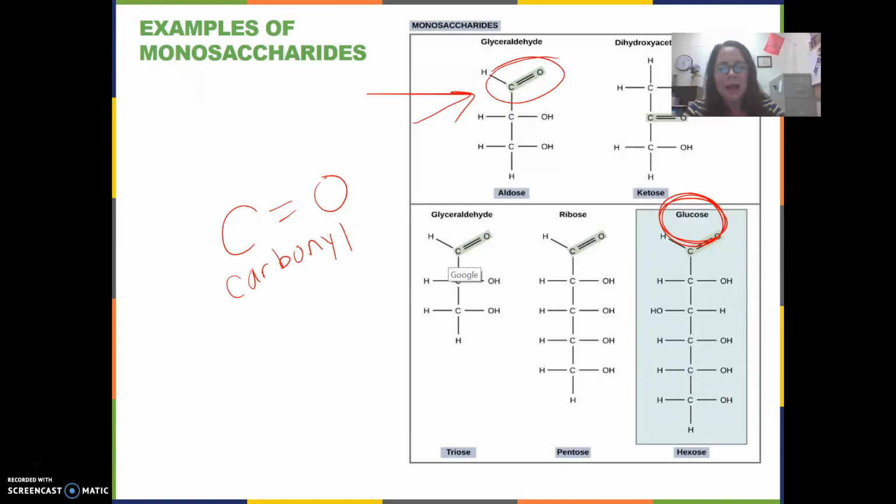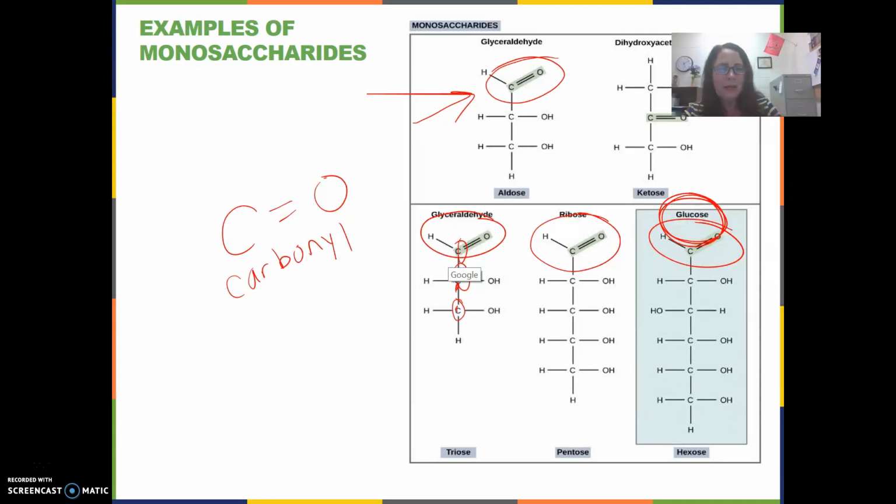It's also a triose because it contains 3 carbons. 1, 2, 3. Ribose contains 5 carbons, so it's a pentose. Ribose is another aldose because it contains that carbonyl group. So these 2, glyceraldehyde and ribose, are aldoses. And glucose is another aldose because it contains a carbonyl group.